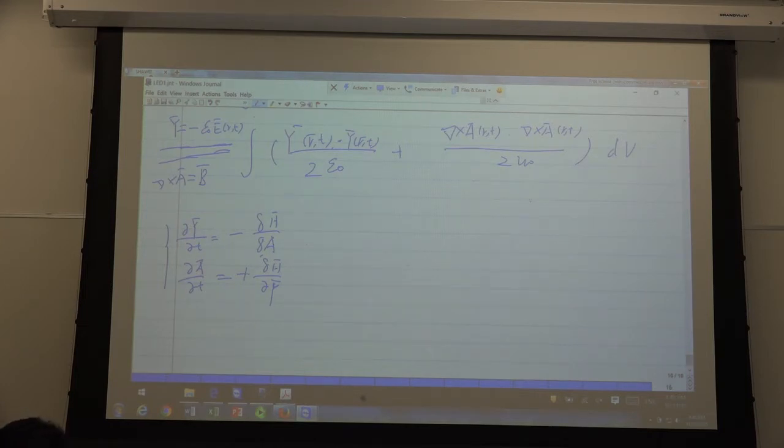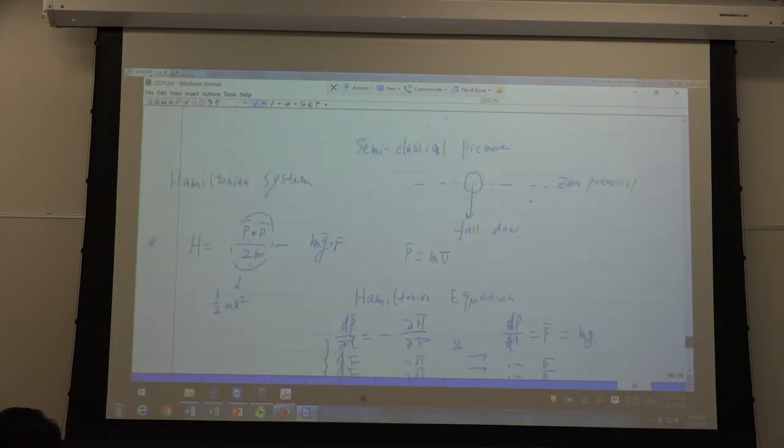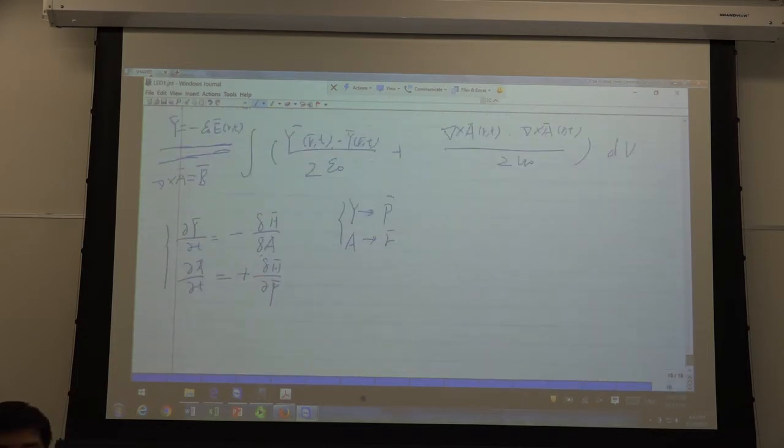If I see Y as p and A as r, everything is the same. Y is similar to the electric flux, and A is the vector potential. Then I derive the equation for you to check whether it's right or not.